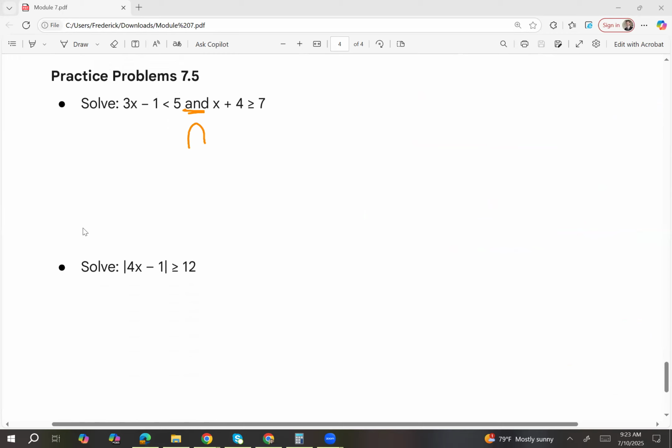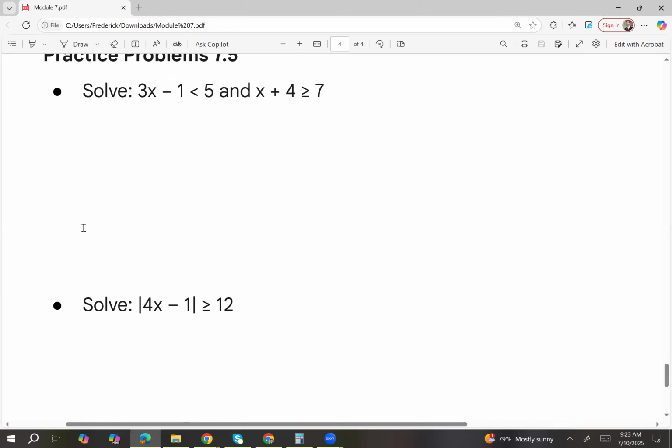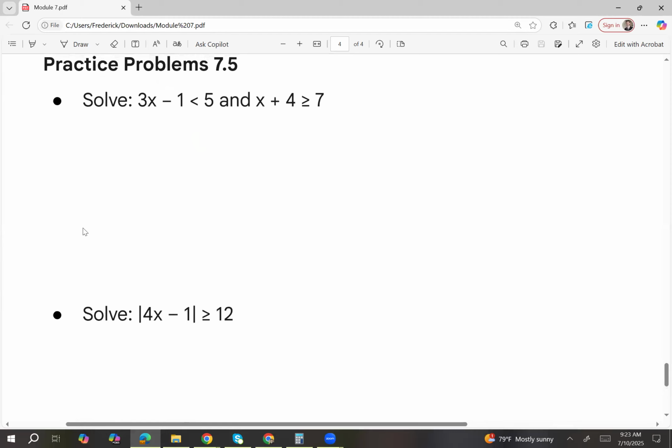Let's look at the left one first. This number term over here needs to move to join with this number term over here.